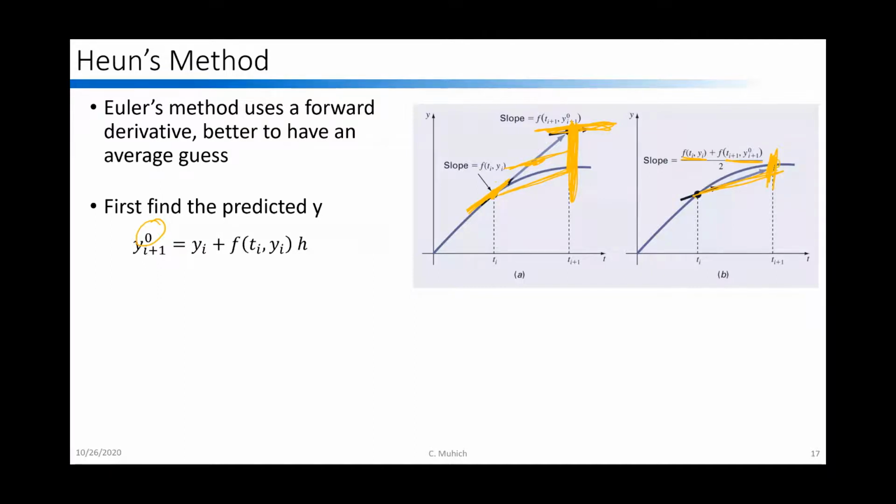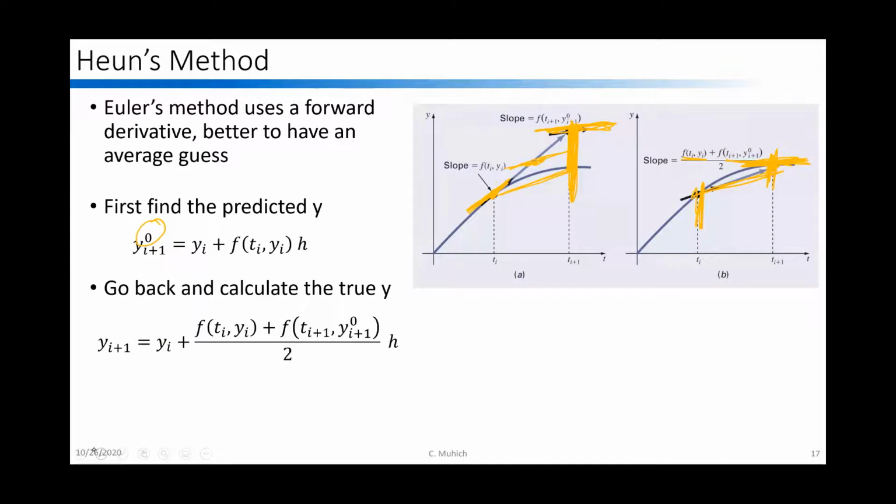Once I have this piece, I'm going to take the information that I'm guessing is happening here, and then go back to that first point to calculate a true, or at least better, y.